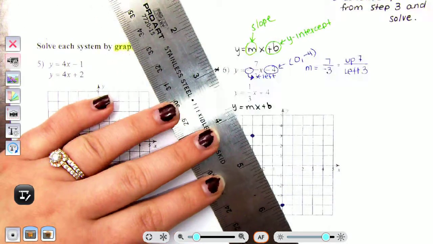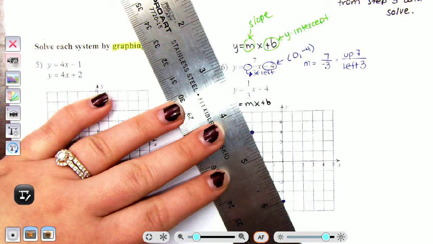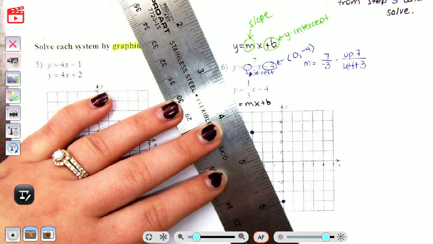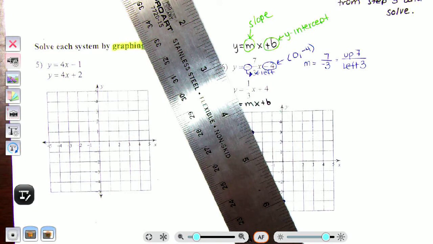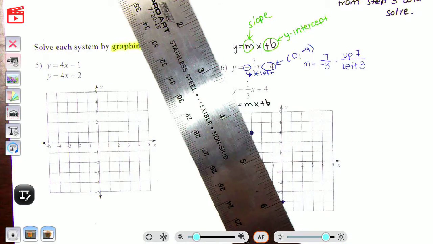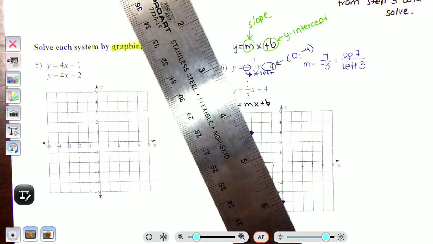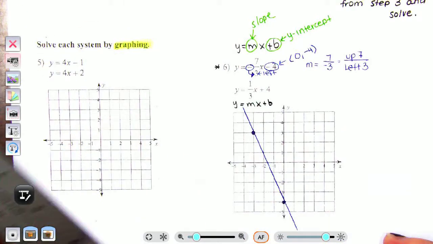All right. Now I tell my kiddos here, if you want to graph a perfect line, just don't put it right on top or else your line, whenever you draw, it's going to be on top of the line. So go just a little bit below. Not that much, just a little bit below. That way when your pencil crosses those points, it can be right on top of them.